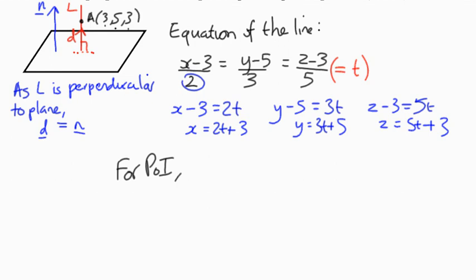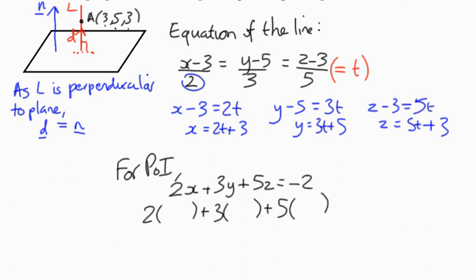Therefore, if we start with the equation of our plane, 2x plus 3y plus 5z equals negative 2, then just like I was demonstrating with the equation of the circle, we can substitute in our expressions for x, y, and z in terms of t for the line. So here's the line going into the plane, and at the point where they meet, we're going to get a value for t.